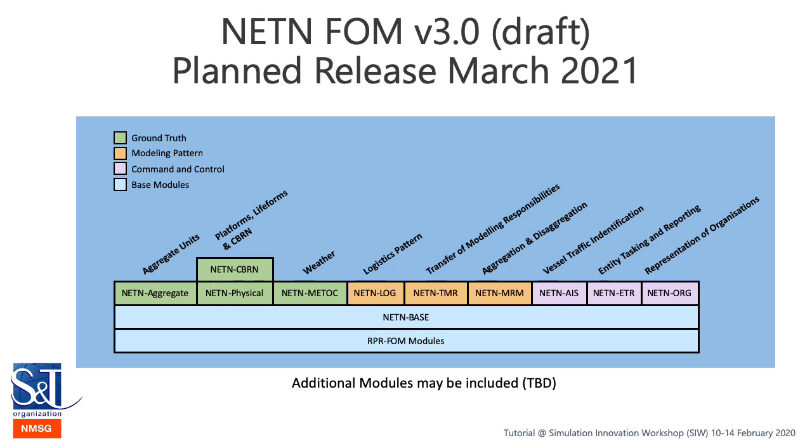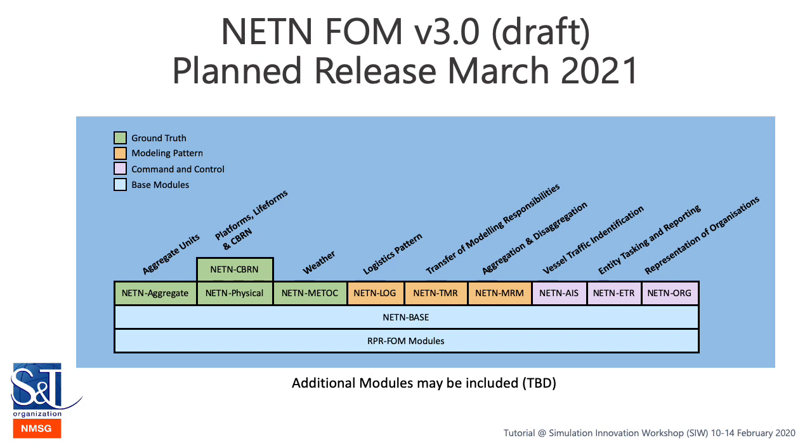We actually merged some of the modules for logistics, and we also introduced some new modules that have been high on the agenda for the different nations to be able to support. We still have representation of aggregate units and the CBRN and extensions of the physical representation of platforms, but we also include new modules such as the representation of weather and weather effects.